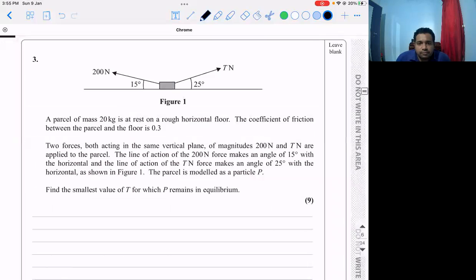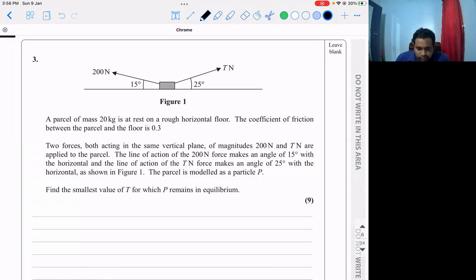Wow. In this question, it is actually a conglomeration of friction and the concept of motion due to this force. Anyway, we'll read this question. A parcel of mass 20 kilogram is at rest on a rough horizontal floor. The coefficient of friction between the parcel and the floor is 0.3.